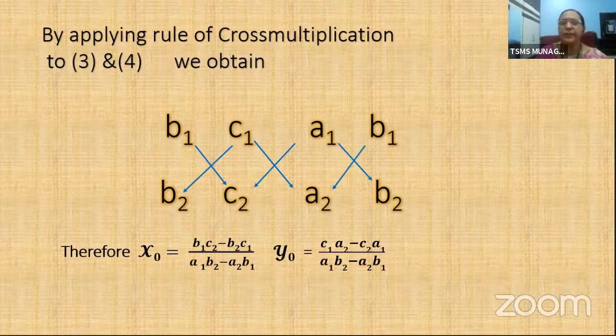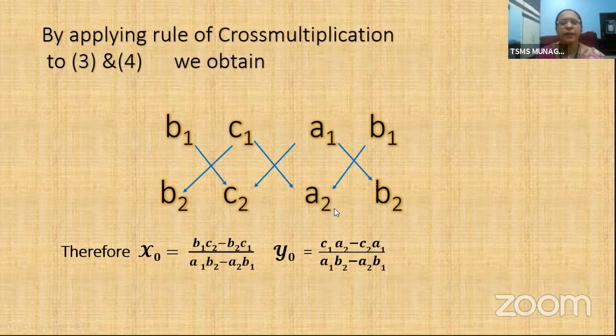So children, what do you have to do? First of all, write the coefficients of y, constant, x and y again of the first line, and y, constant, x and y again of the second line. Now go with the cross multiplication b1 c2 minus b2 c1, which gives you the numerator of the x coordinate.